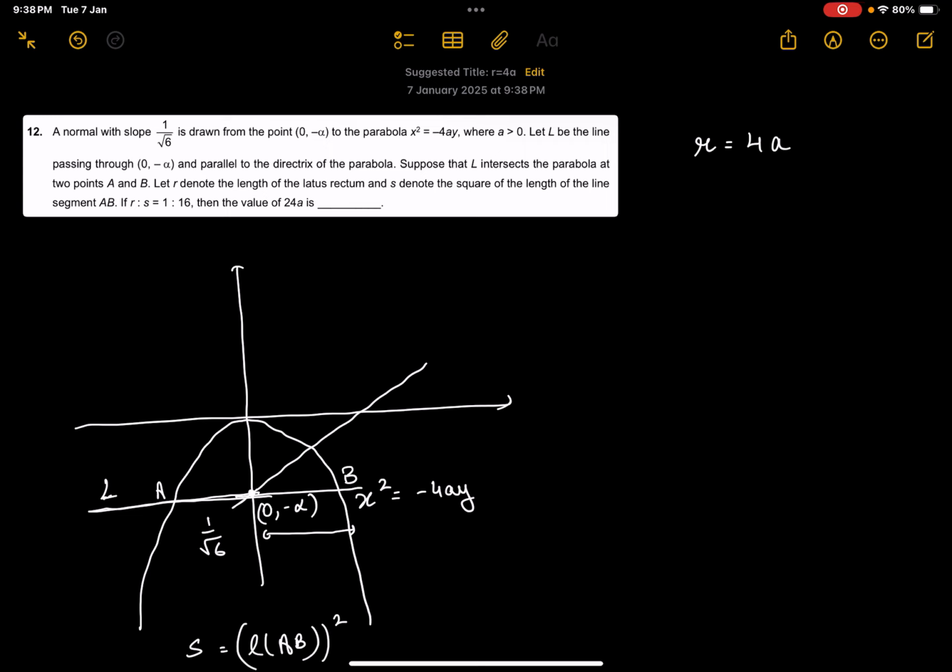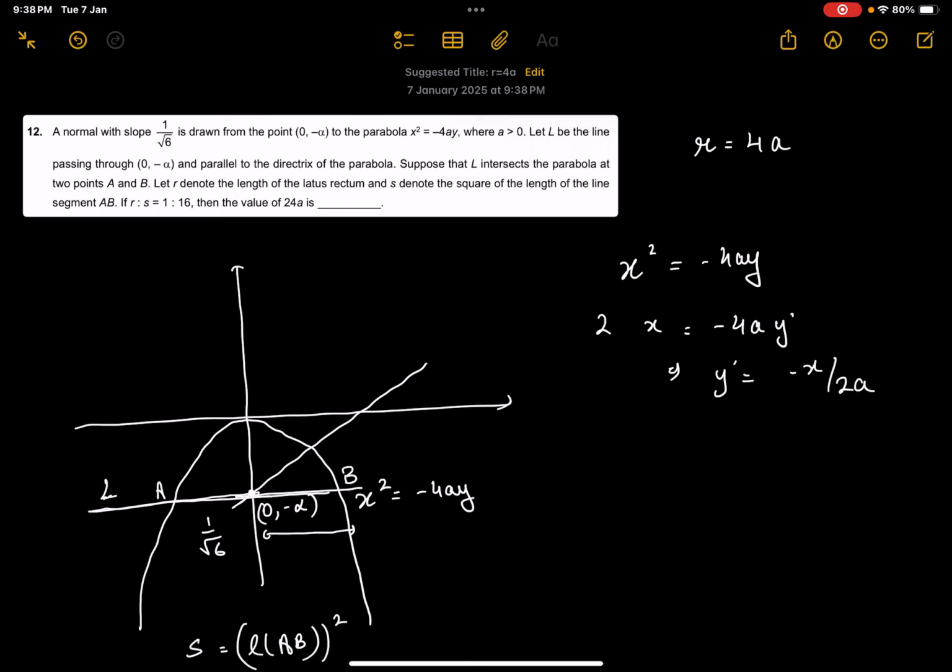We'll first find alpha in terms of a. We are given x squared is minus 4ay. Differentiating both the sides, we get 2x is minus 4a y prime, which implies y prime is minus x by 2a.